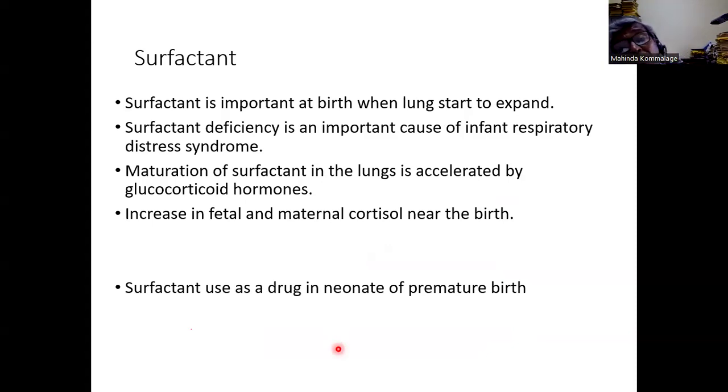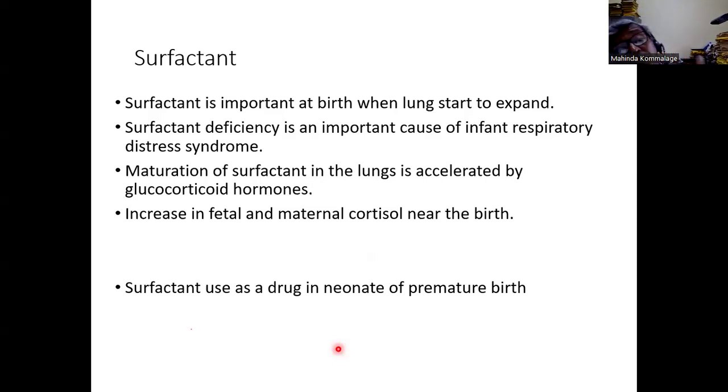Then the lungs are not mature and might have less surfactant, because surfactant synthesis occurs in the latter stage of fetal life. Surfactant is useless early because the lungs are anyway collapsed inside the uterus. So surfactant synthesis occurs in the last few weeks of fetal life.